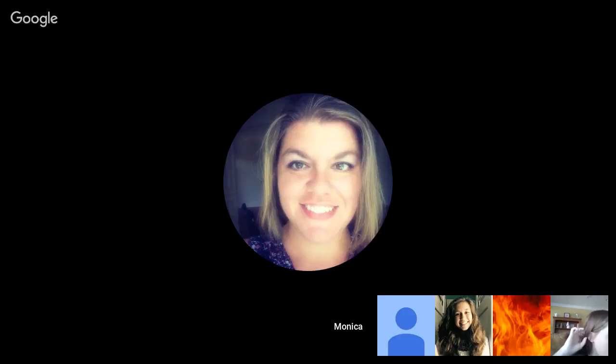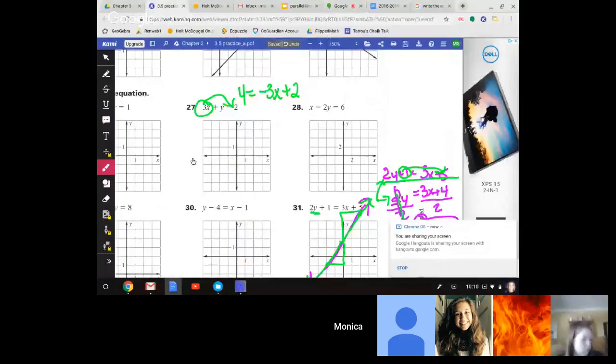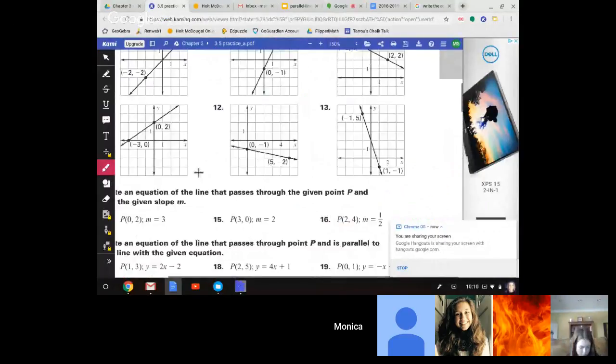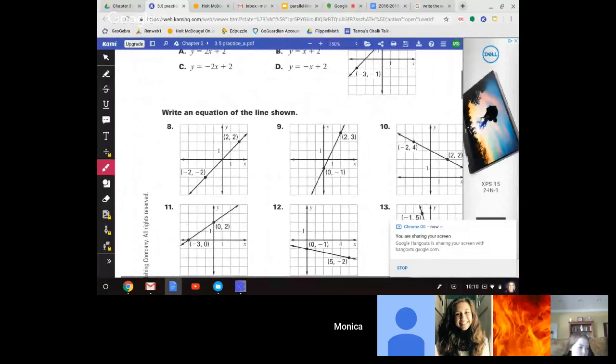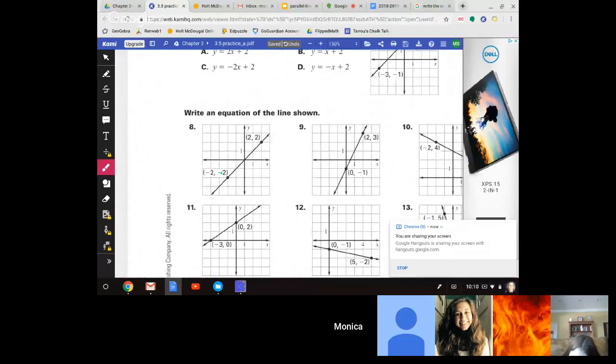Okay, so Madison, number 8. On number 8, you're supposed to write an equation of the line shown. In order to write your equation, you need to know your slope and your y-intercept.